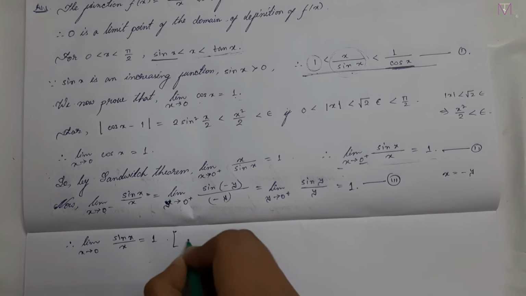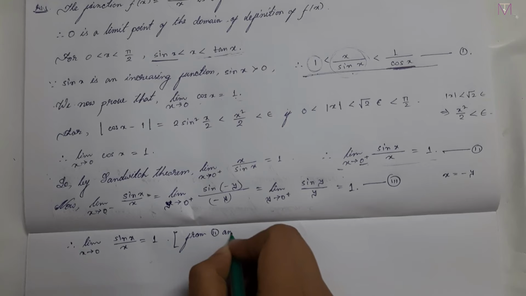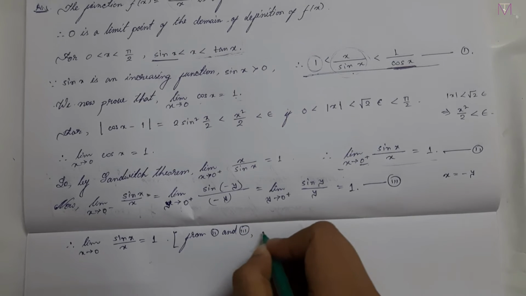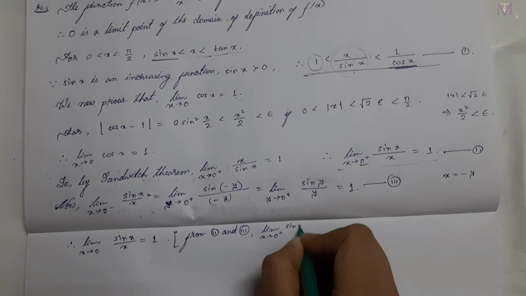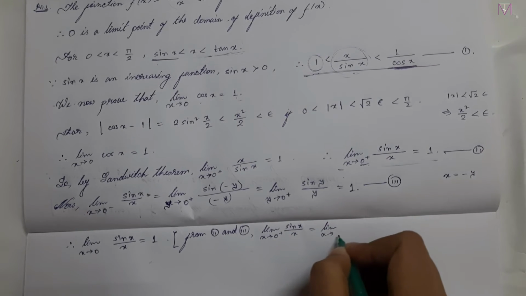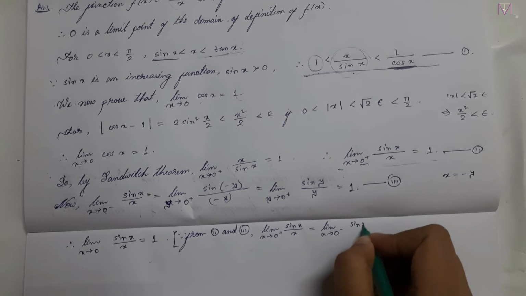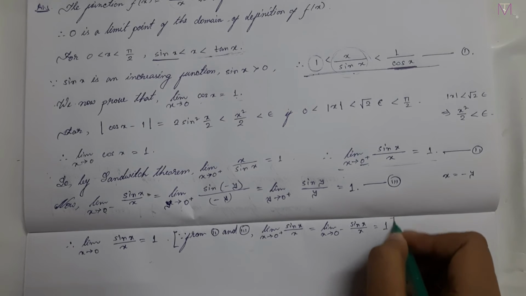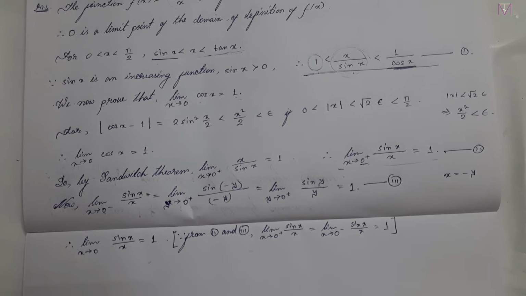From 2 and 3, limit x tends to 0 plus sin x by x is equal to limit x tends to 0 minus, so sin x by x is equal to 1. Okay, now let's move to the next example.